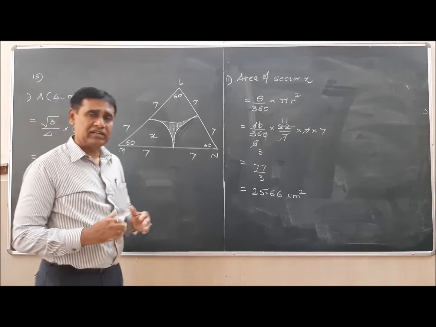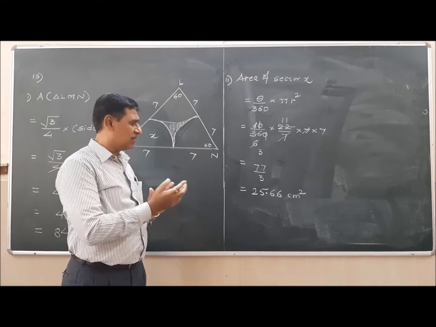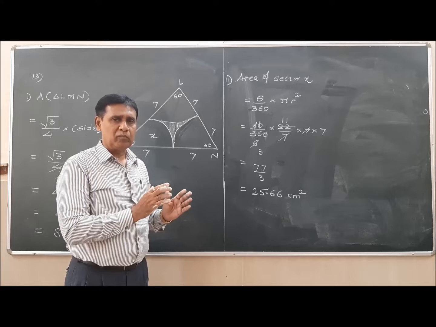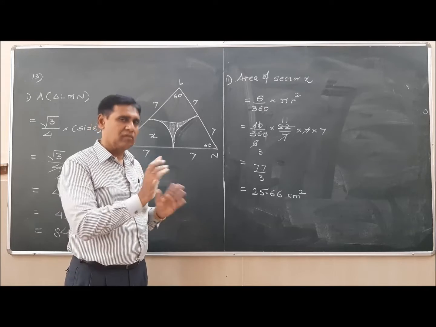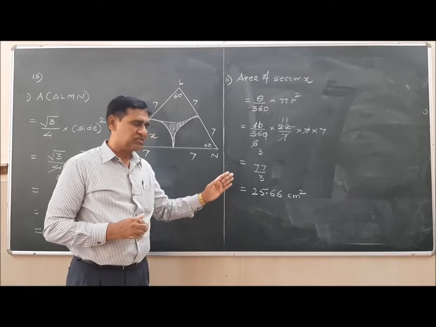But in the board examination also you will find that facility is given to have a difference of minimum 0.20 here and there, plus or minus. So please don't bother. Here also I got it as 25.66.